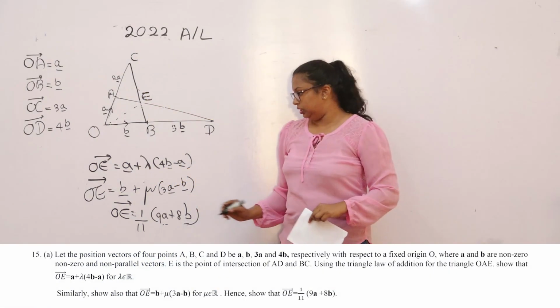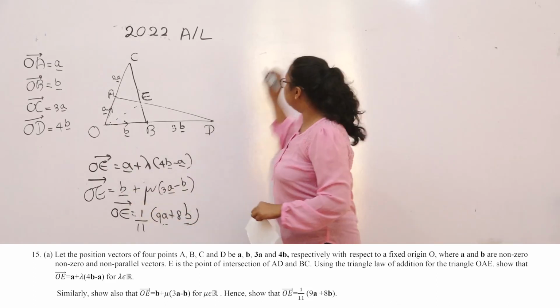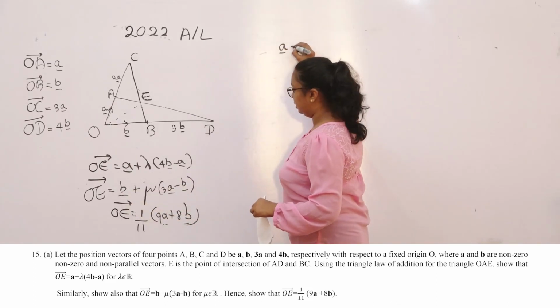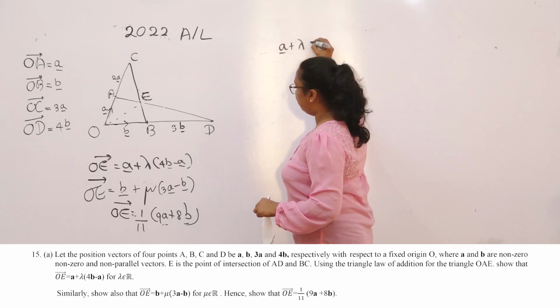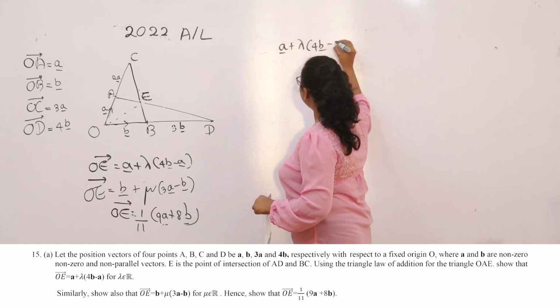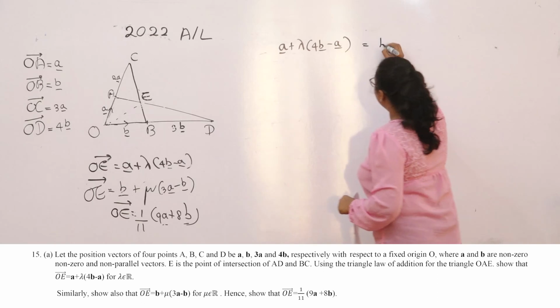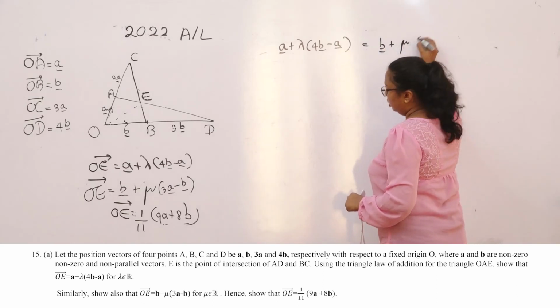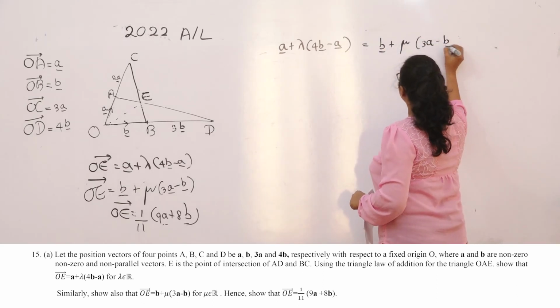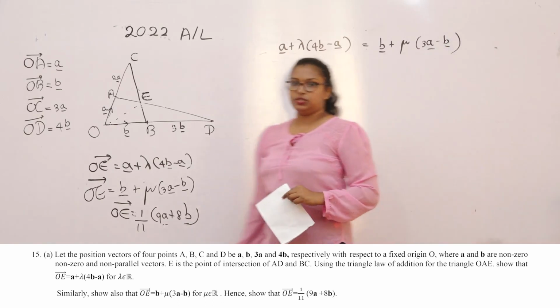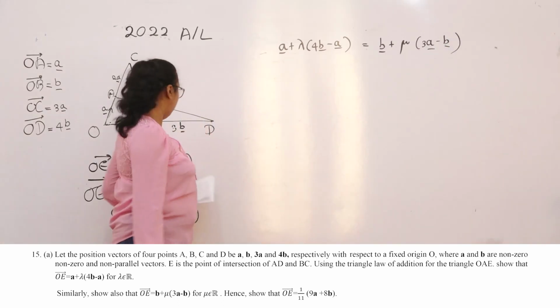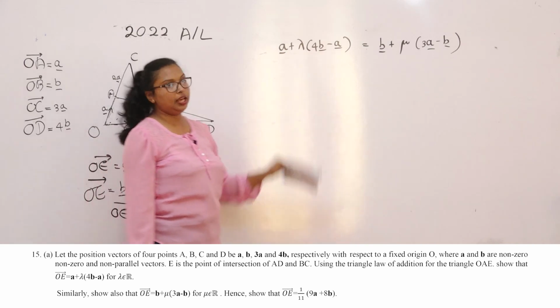I am going to equate the answers we got for OE, that is A plus lambda times 4B minus A is equal to B plus mu times 3A minus B. Both of them equal OE, so we can write they are equal.